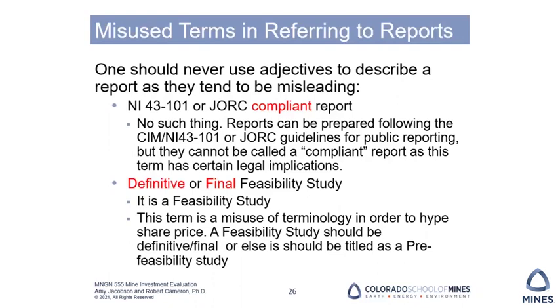They can be prepared to those standards, but neither CIM nor JORC can guarantee that they are compliant to their standards. And so, if you see something that says that it's NI 43-101 or JORC compliant, you need to take a double look at that.